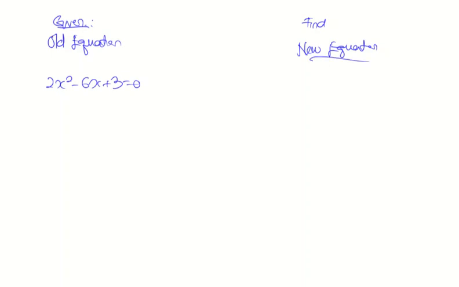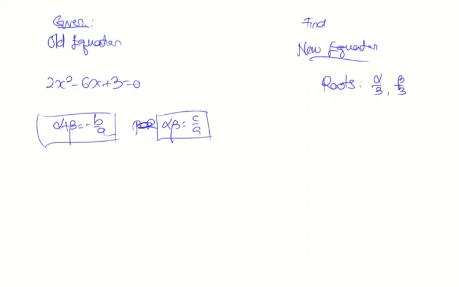Find new equation where they give you the condition roots alpha over 3, beta over 3, like this. Okay, so this is where we use the formula sum of root -b/a and product of root, that means alpha times beta is c/a.